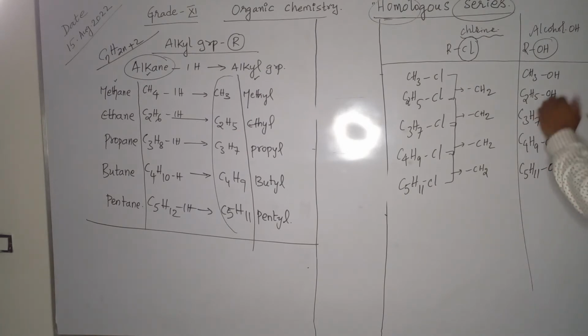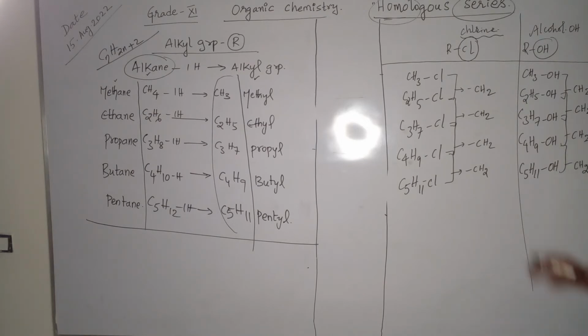You can check the difference and you will get CH2. Here the difference is CH2, here CH2, and here also CH2. So like this you can write the homologous series for halogens and alcohol.